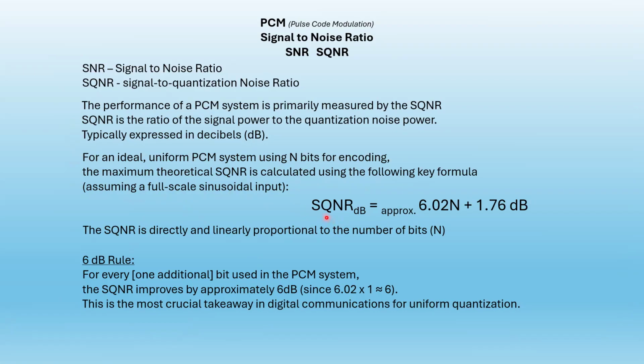So here's the formula, all right? Get it, remember it, write it down. It's 6.02 times the number of bits plus 1.76. And of course, we're going to get this in dB.